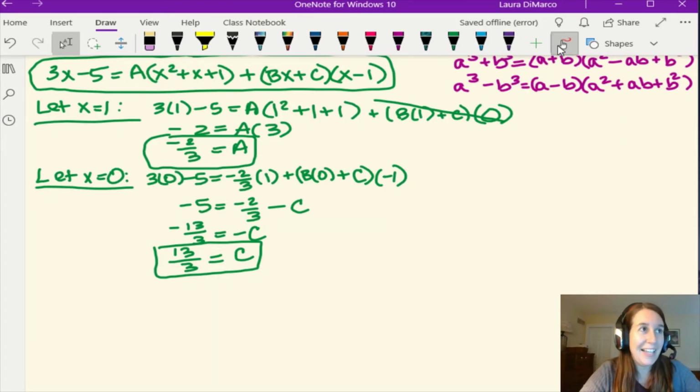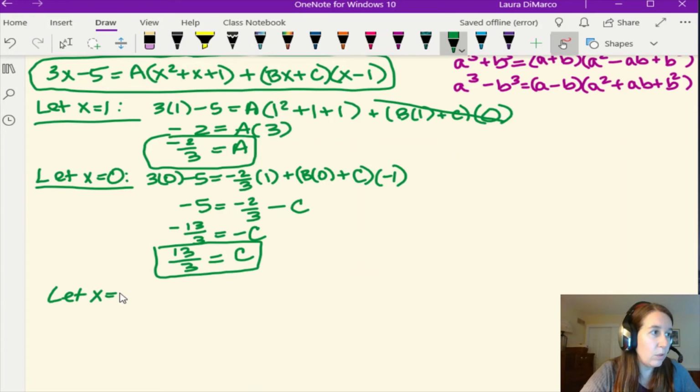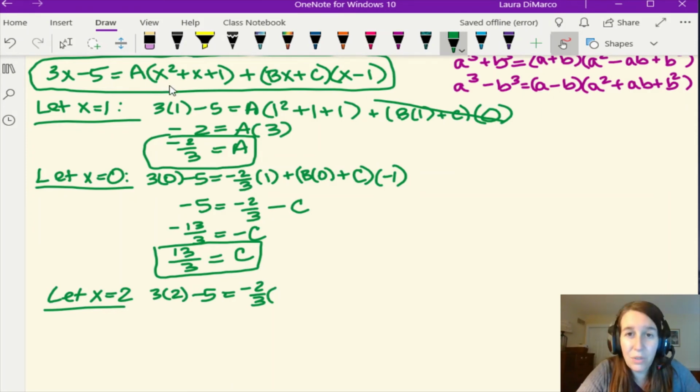Oh, technical difficulties. Let x equal 2. So that's 3 times 2 minus 5 equals, a is -2/3. And then we have, I'm just going to do this in my head and write down the final answer so I don't have a million steps.